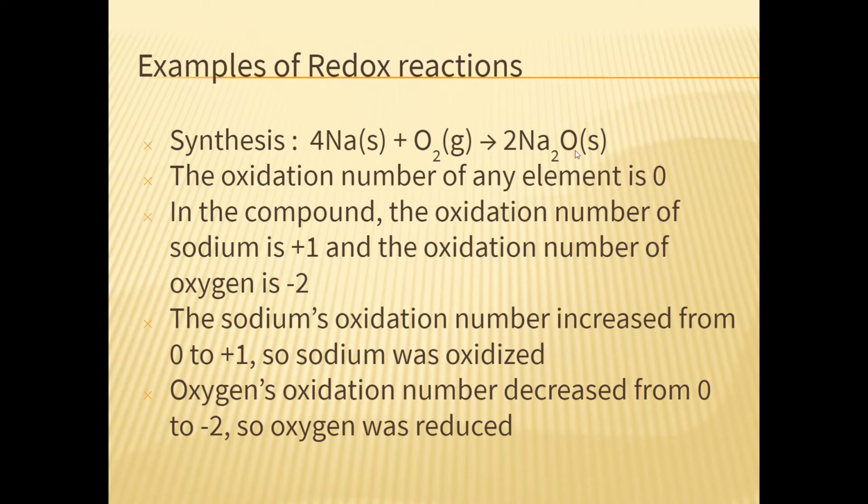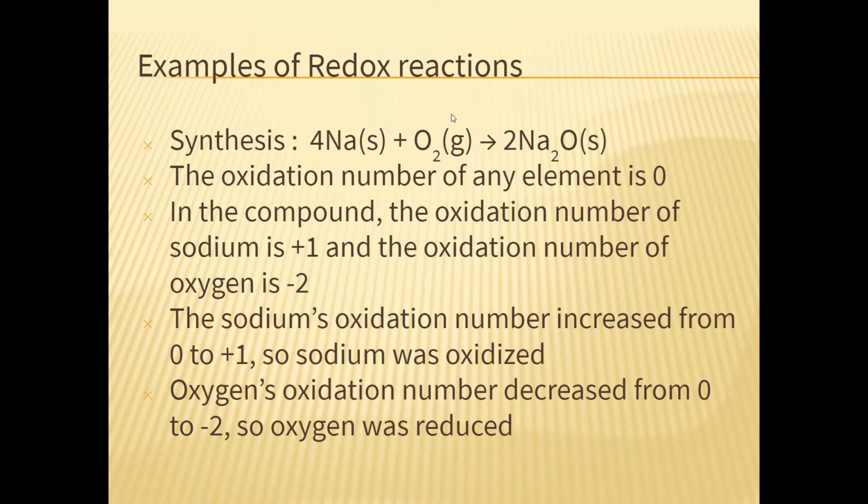We know that some elements, when they ionize, always have a certain charge. So sodium and oxygen over here on the reactant side by themselves, their oxidation numbers are both zero. But in this sodium oxide compound, we know that the sodium, being group 1, is a +1 oxidation number, and the oxygen is a -2.